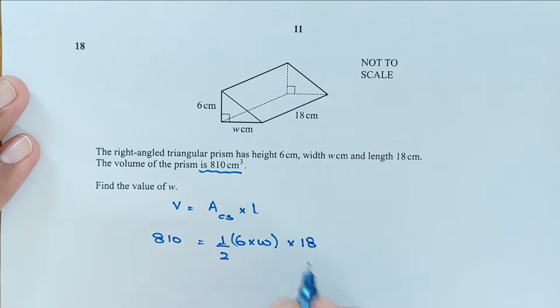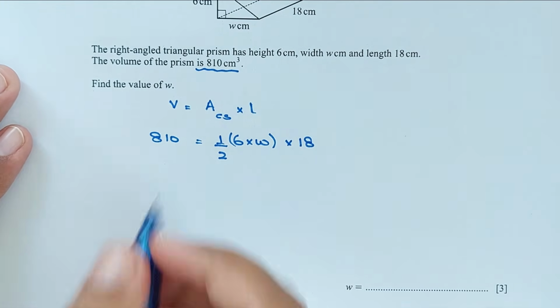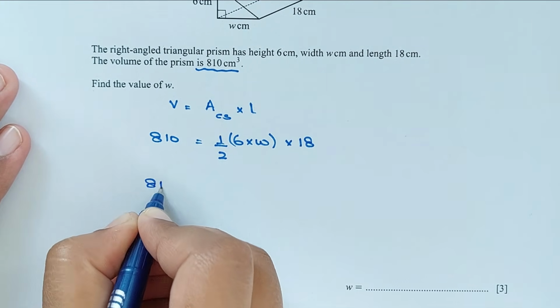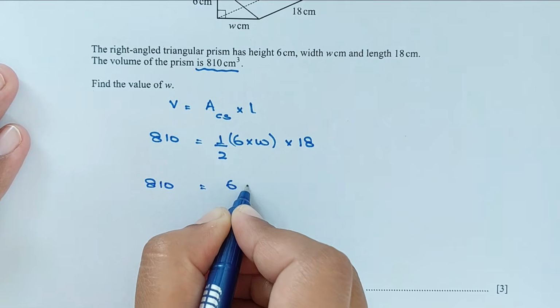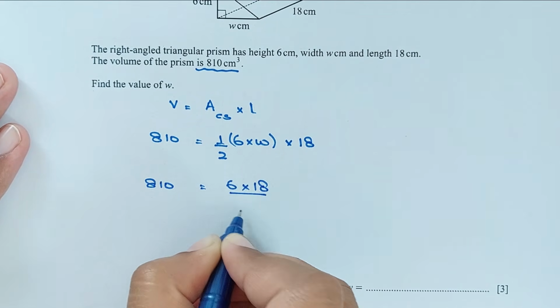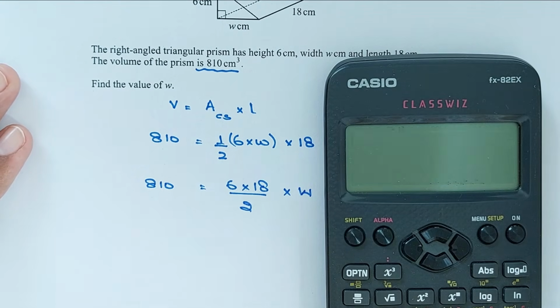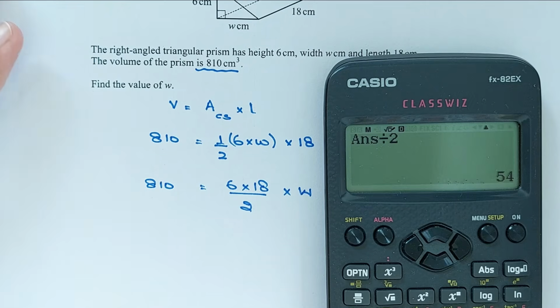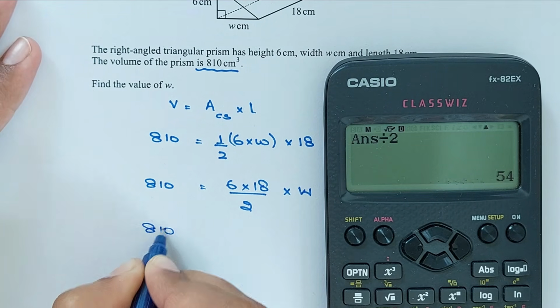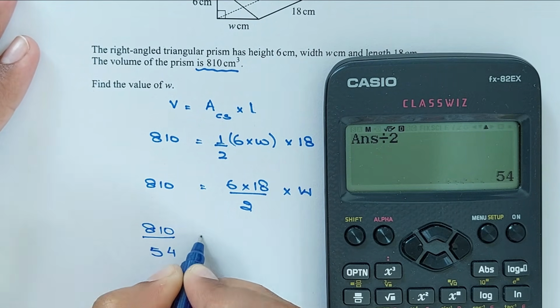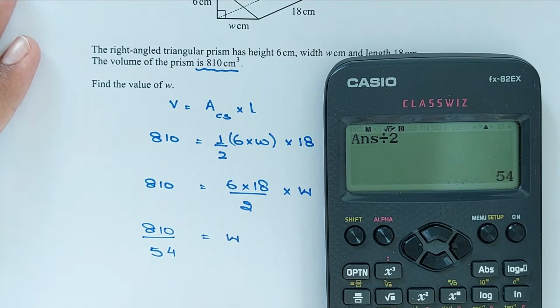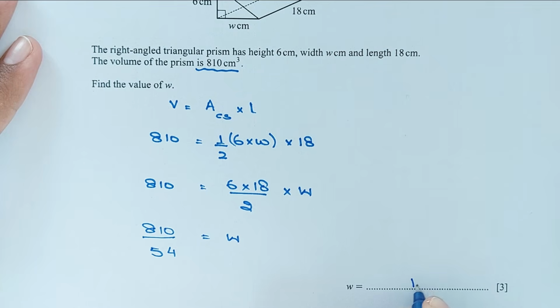Right, now we have to solve for W. So we can say 810 equals to 6 times 18 divided by 2 and times by W, the width. 6 times 18 divided by 2 is 54 times W. So 810 over 54. This is the width. 810 divides 54, which is 15. So 15 centimeter is the width.